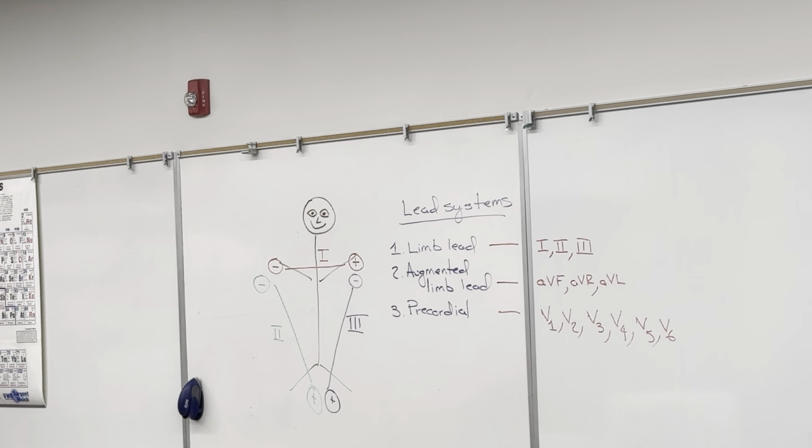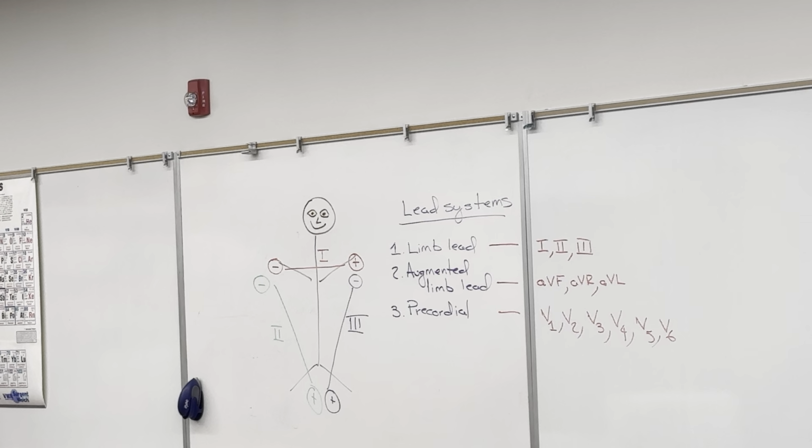And then if you go down to the next panel on the next page, you'll see the representation of a 12-lead EKG. In the top, you'll see the 3 limb leads. In the middle, you'll see the augmented limb leads. And at the bottom of that, you'll see the precordial leads. Does everybody see that?